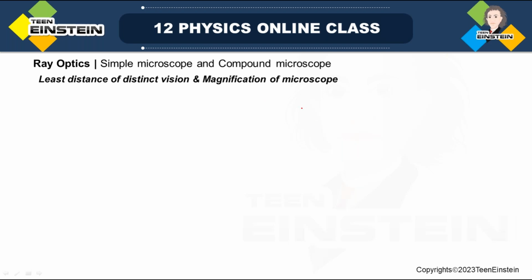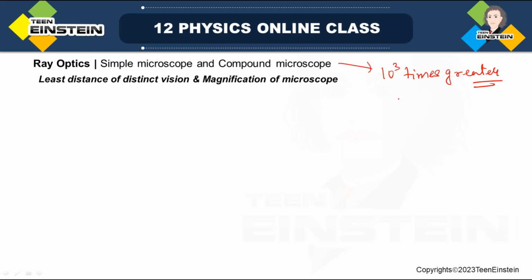And how much larger? At least in compound microscope it will be 1000 times greater, 10 to the power 3 times greater than the object size. Okay, in compound microscope.